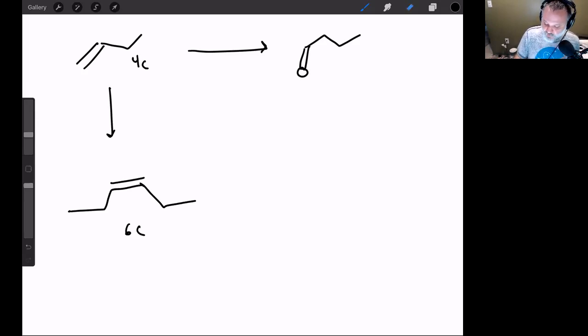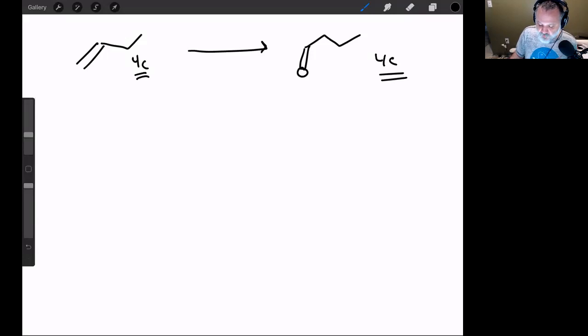At this point, on this particular reaction, we have 4 carbons in the reactant, and we've got 4 carbons in the product. So we don't need to do a carbon-carbon bond formation reaction. All we need to worry about is changes in the functional group.